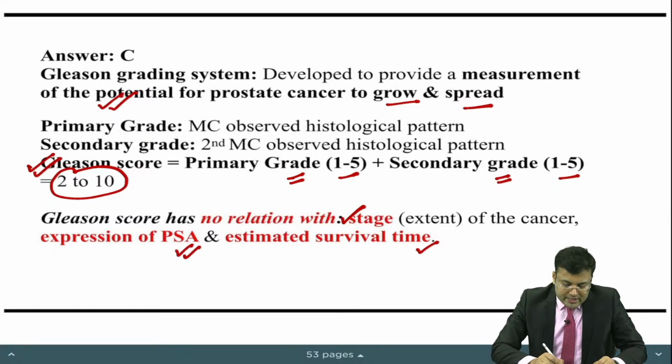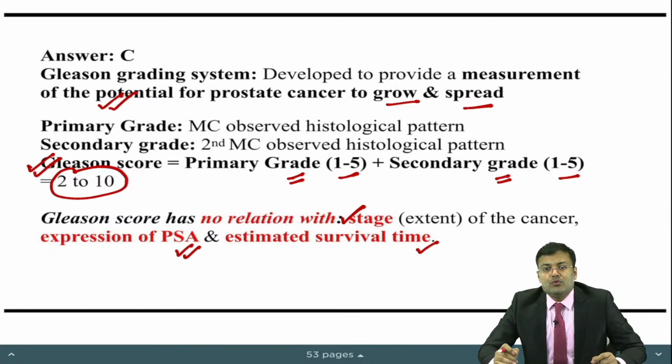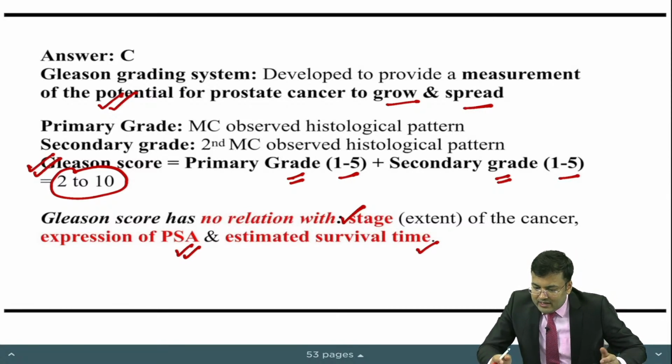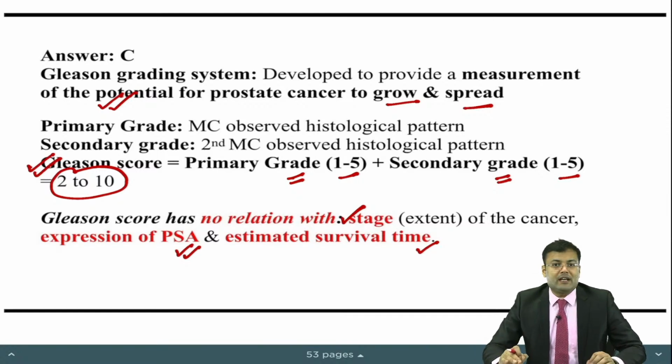It checks the potential for prostate cancer to grow and spread. Mohan Singh was also correct, Rajesh Sapre, Dr. Monica, Rukshar Khatun, Vandana Rai, almost everybody was correct for this question.